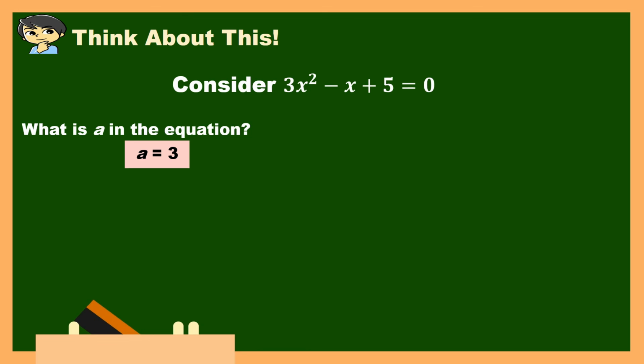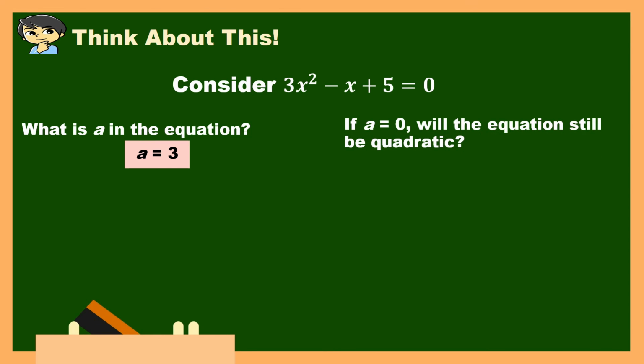Siya ay galing sa ating numerical coefficient ng quadratic term na 3x squared. Another question. If A is equal to 0, will the equation still be quadratic? Of course, the answer is no. Kasi nga, dapat ang value ni A sa quadratic equation ay hindi dapat maging equal to 0.